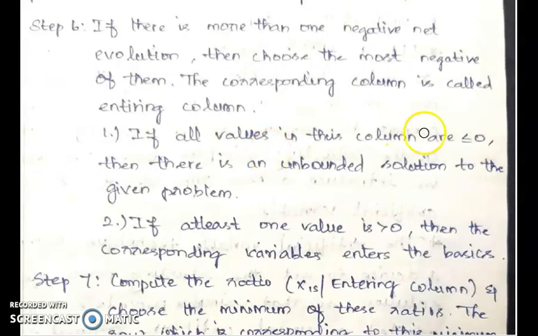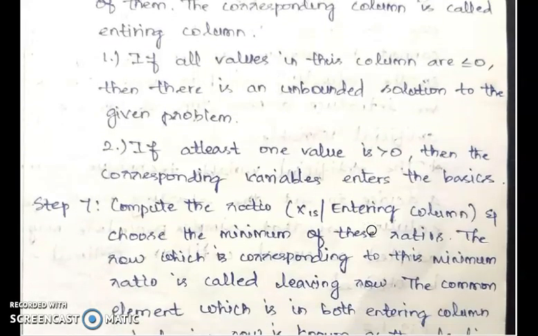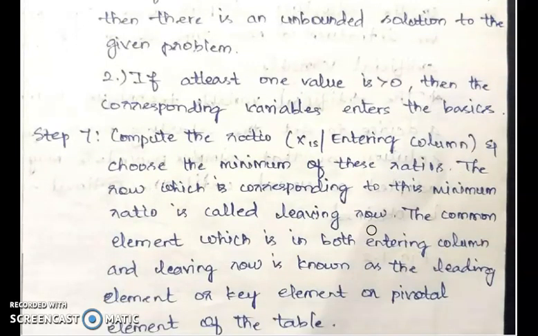In step 6, first point, if all the values in this column are less than or equal to 0, then there is an unbounded solution to the given problem. If at least one value is greater than 0, then the corresponding variable enters the basis. This is for the entering variable, and this is for the unbounded solution. And step 7, compute the ratio of xb to the entering column and choose the minimum of this ratio.